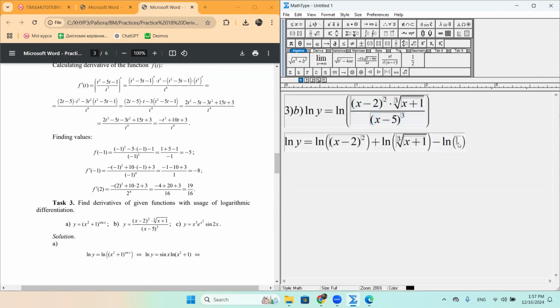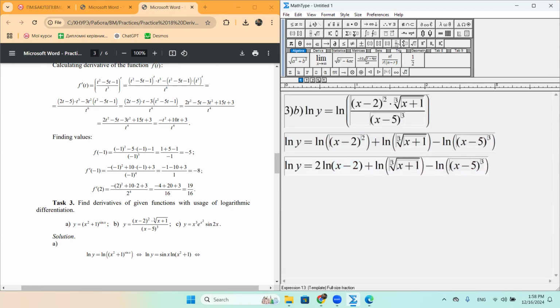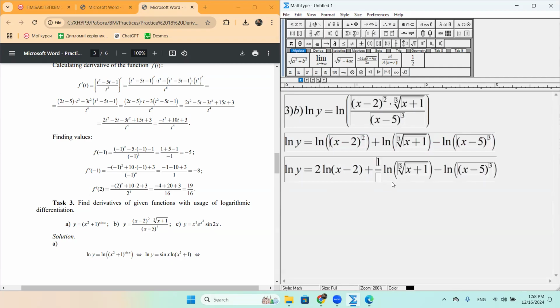If we divide, the logarithm of a fraction equals the difference of logarithms. And we can simplify this expression even more, just moving exponents out of the logarithm. So here 1/3, minus 3x minus 5.